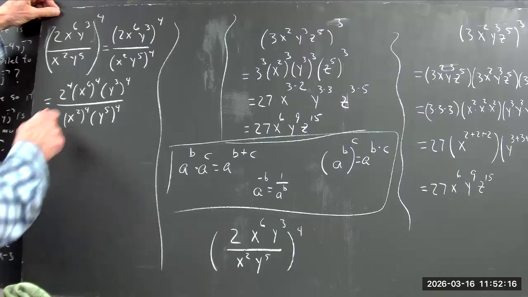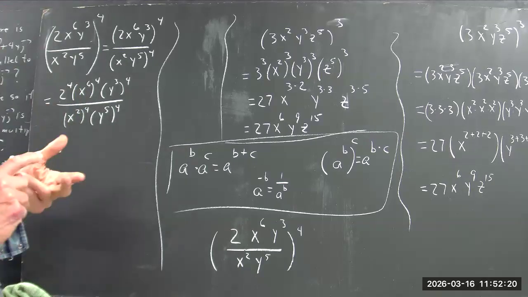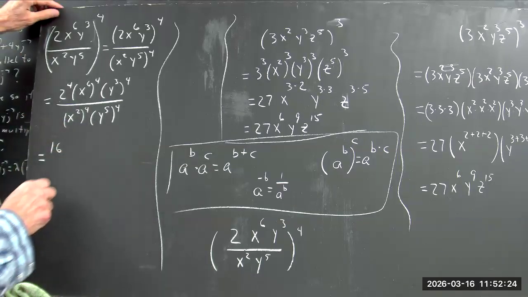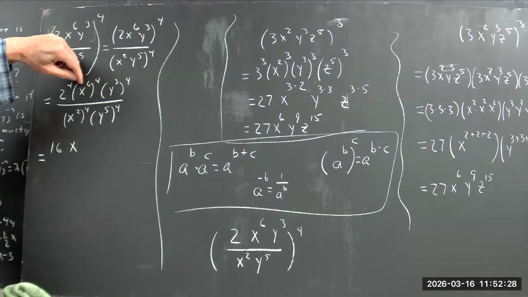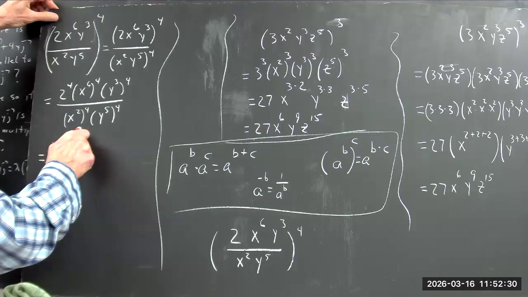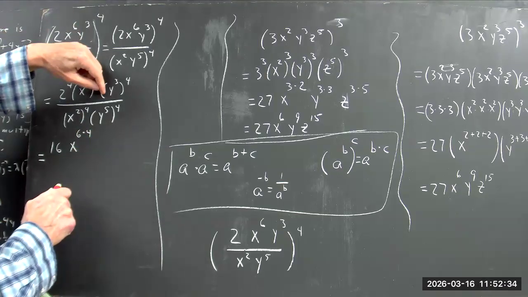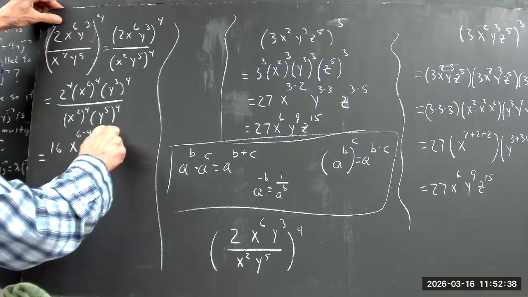So if we use this, 2 raised to the fourth power is 16. 2 times 2 is 4, times 2 is 8, times 2 is 16. Then x to the sixth to the fourth is x to the sixth times 4. And y cubed to the fourth is y to the 3 times 4.